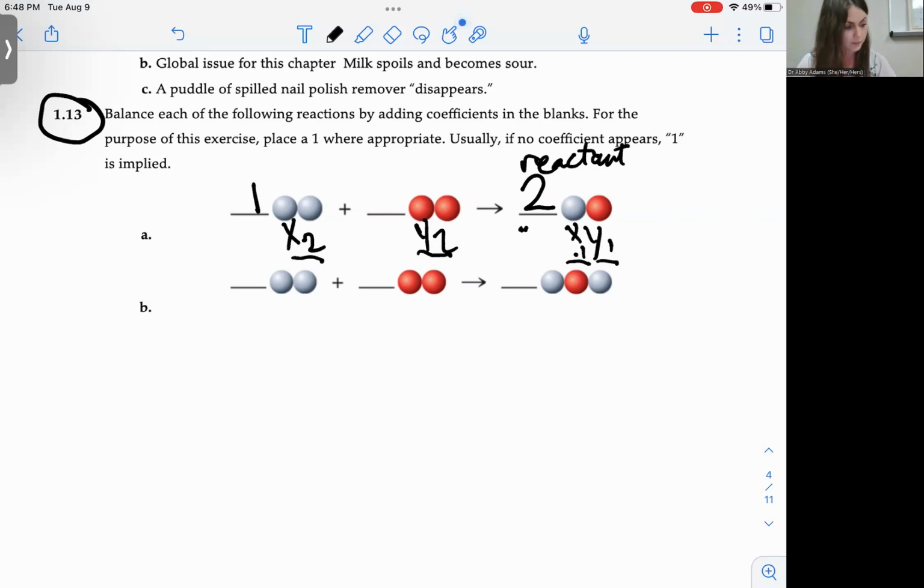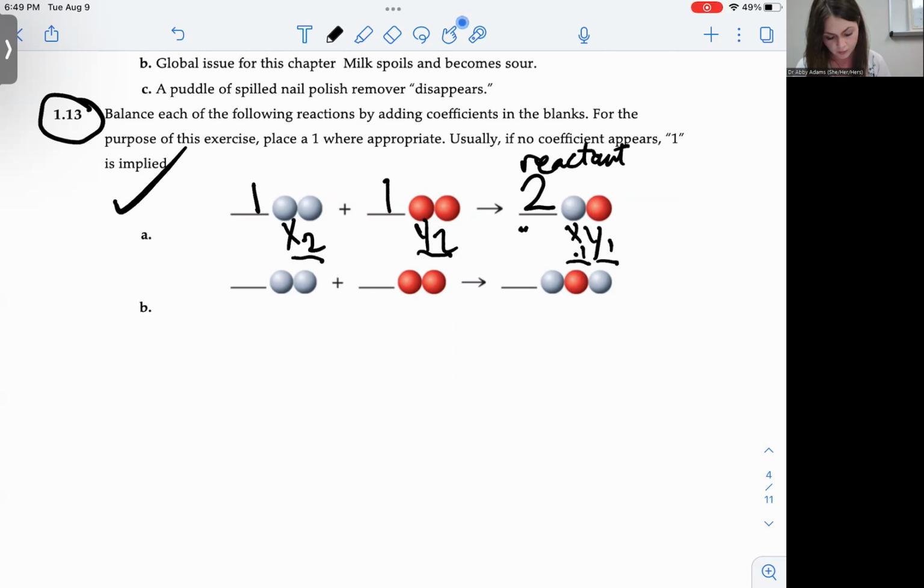So we just say 1. So 1 times 2 is 2. 1 times 2 is 2. 2 times 1 is 2. 2 times 1 is 2. So is everything the same? Is this balanced? Yes. All right.